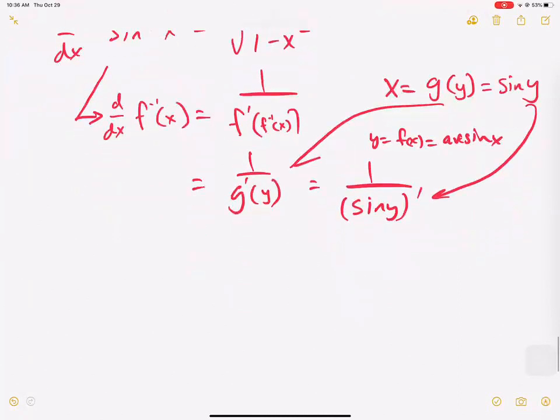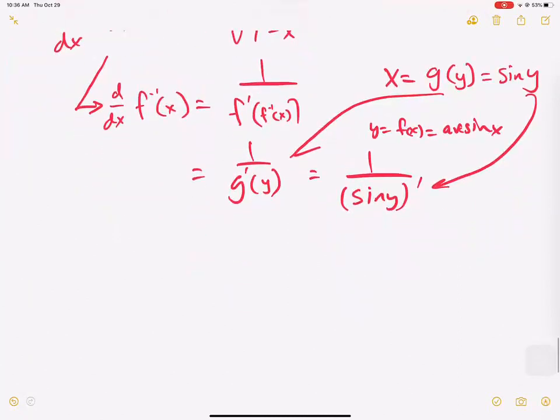The derivative of sine is cosine. And we're going to say this is, do you guys remember the Pythagorean identity we just did? Sine squared plus cosine squared equals 1. So cosine is equal to the square root of 1 minus sine squared.